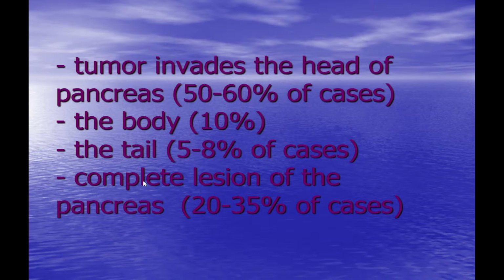Tumor invades the head of pancreas in 50 to 60% of cases, the body 10%, the tail 5 to 8% of cases, complete lesions of the pancreas 20 to 35% of cases.